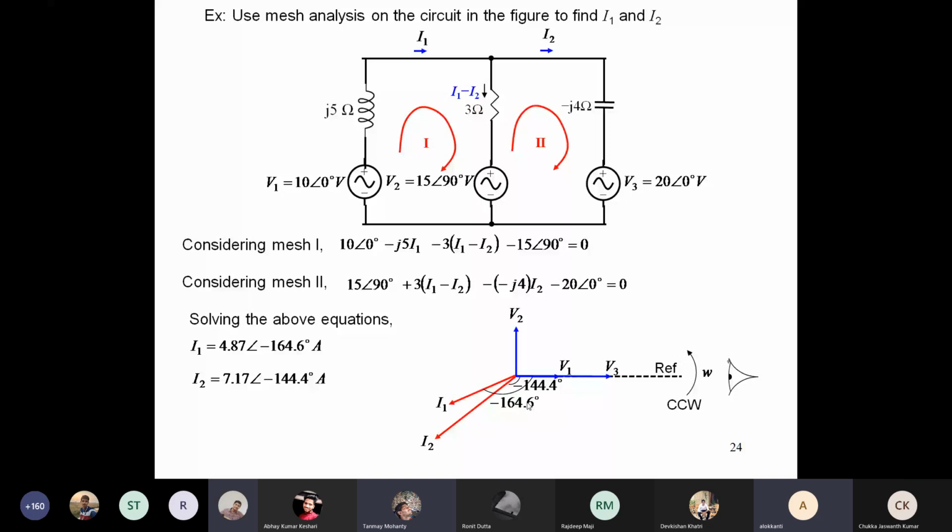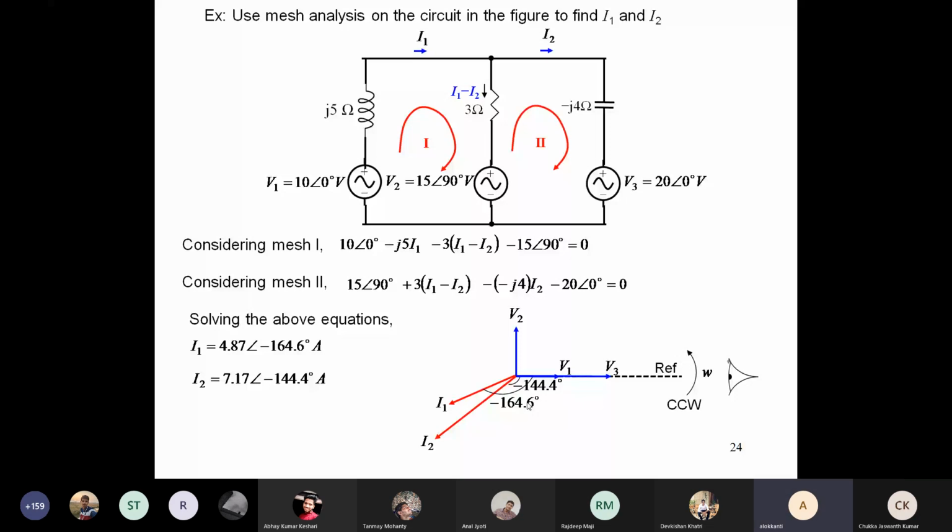No, sir, I'm getting exact 7.169, that is 7.17. And the angle? The angle is the same, sir, 144.93. 144.9 anyway. I will correct it later. It is 144.9.